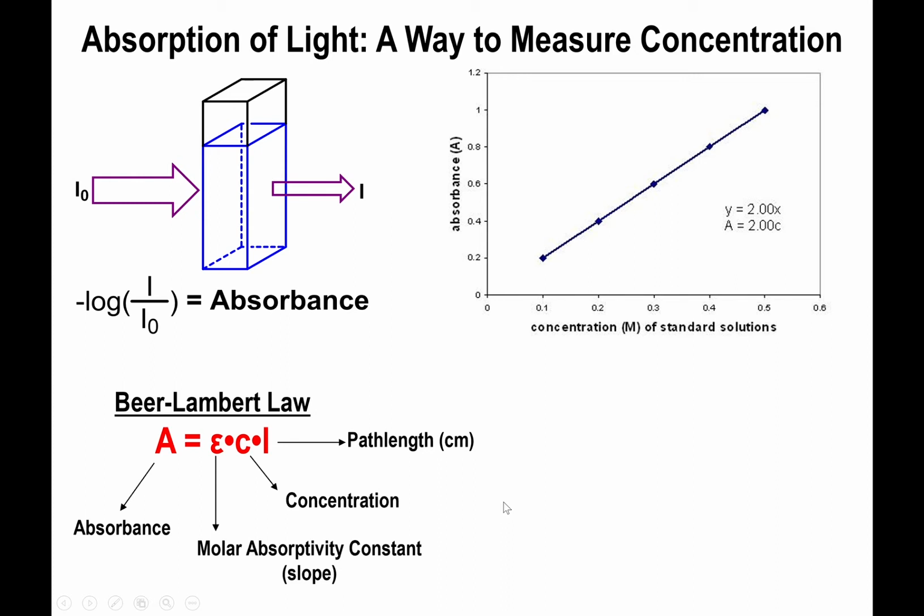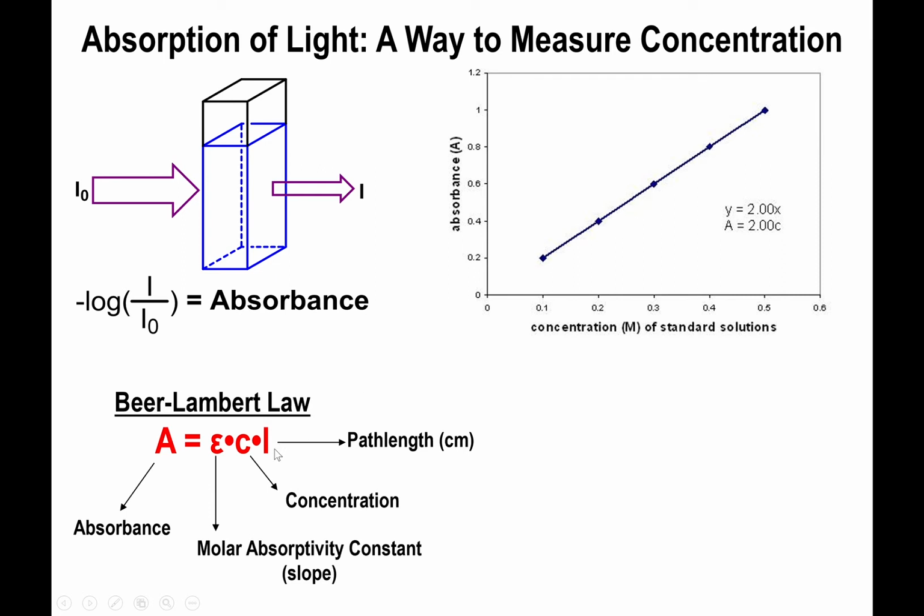All right, now when you look at a graph, an absorbance versus concentration graph, absorbance represents the y and concentration represents the x. So epsilon times L automatically becomes the slope of this line.